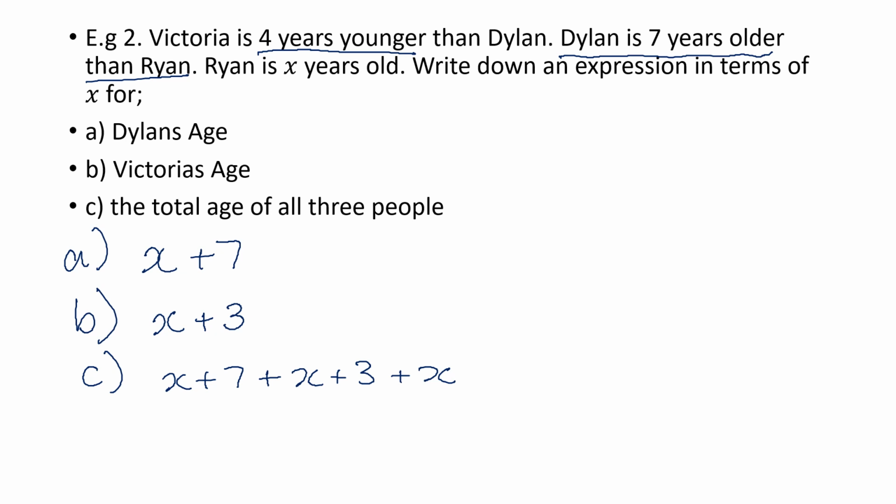Now here we can see that we've got 1, 2, 3 positive x's. So we can write that as 3 lots of x, which is 3x. And then we've also got plus 7 and plus 3, which together combine to make plus 10. And this is our final expression for the total age.